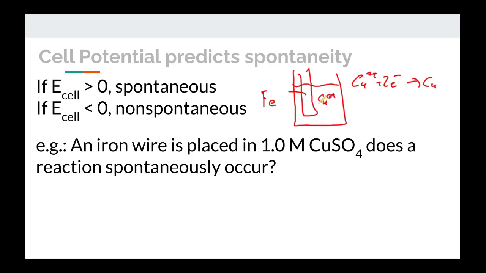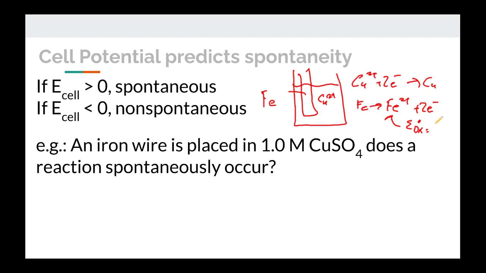And iron can't reduce, it can only oxidize, because metals don't make negative ions. So Fe will make Fe2+, let's say, and release 2 electrons. If we look up the reduction potential and then take its negative, we can get the oxidation potential for this oxidation.